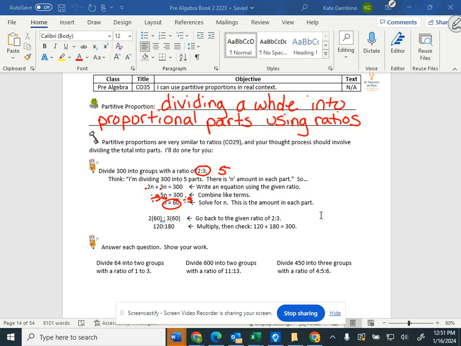We're going to go back to that original problem, 2n plus 3n, and say 2 times 60 and 3 times 60. So our ratio would be 120 to 180. So we're back in our ratio format, 2 to 3, 120 to 180.